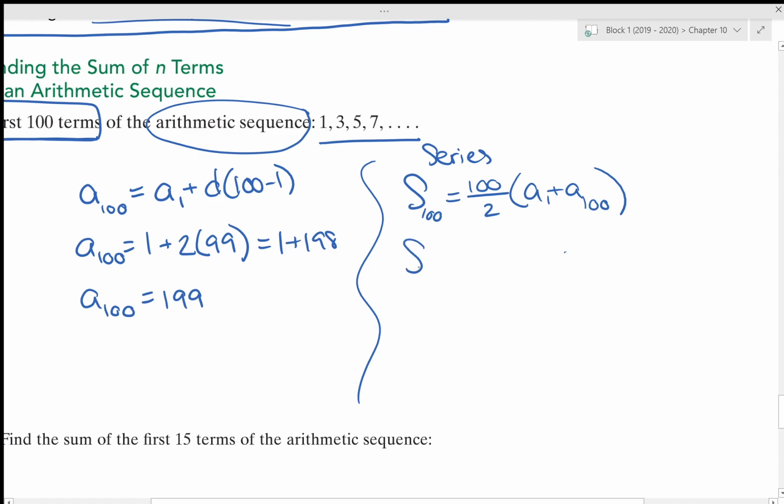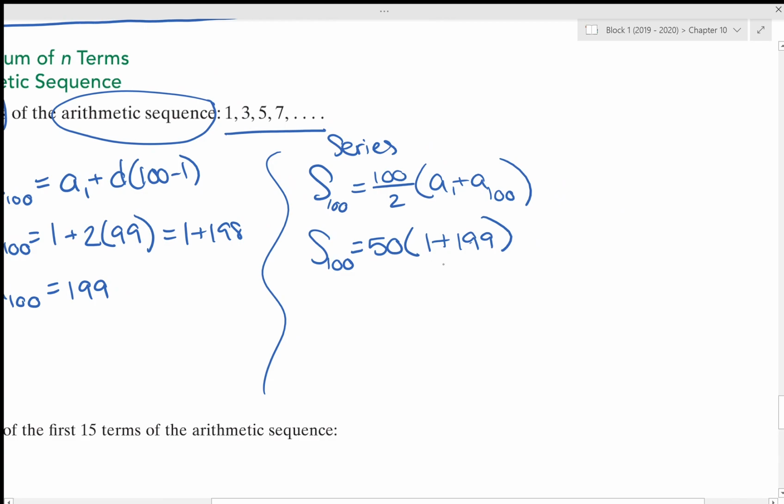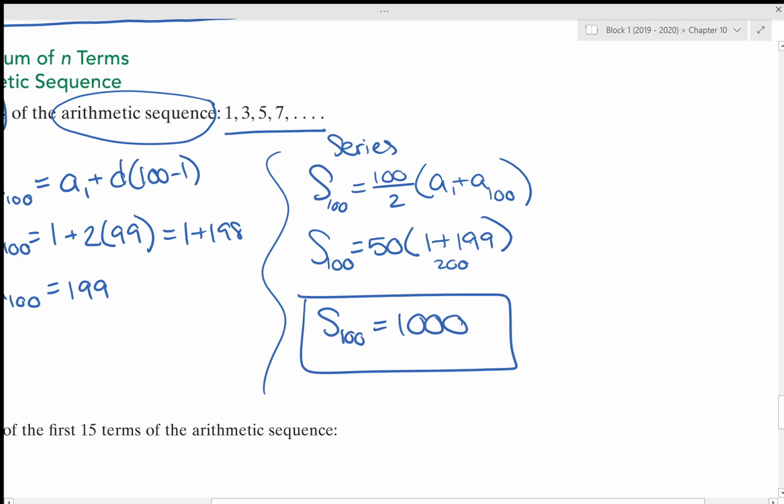So 100 cut in half is 50, times my first term, 1, plus my last term, 199. 1 plus 199 is 200, times 50. I'm going to get 1,000. So if you want to know what your first 100 terms add up to, you got it. It's 1,000.